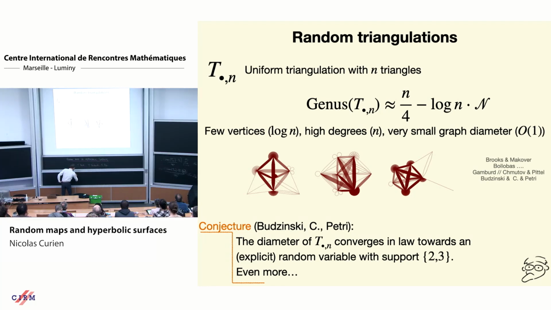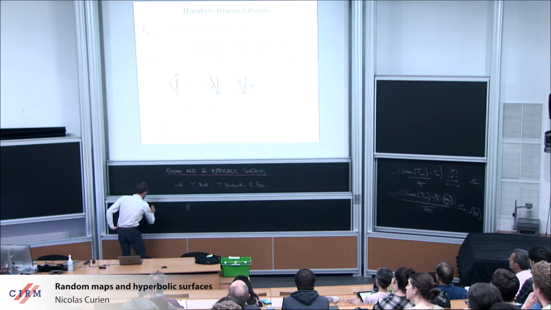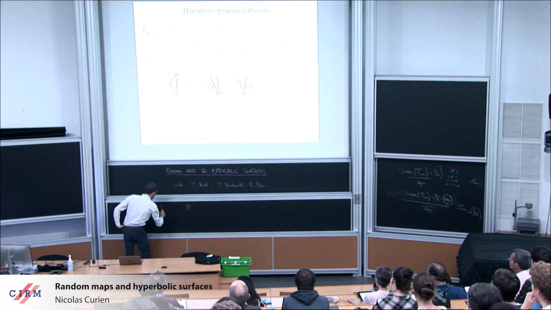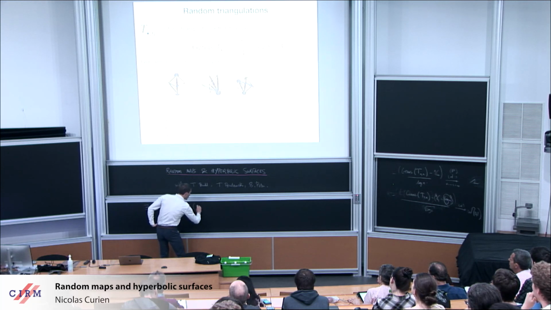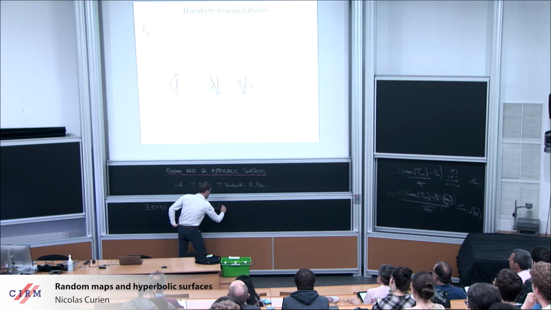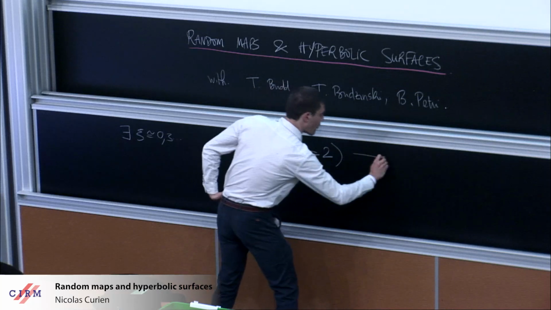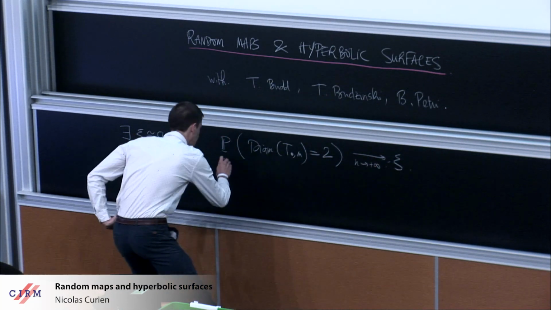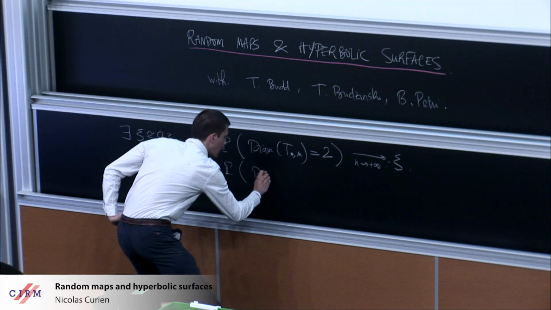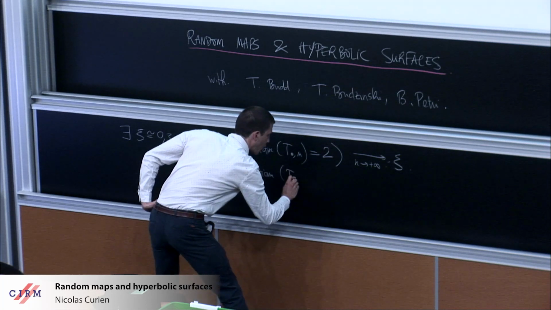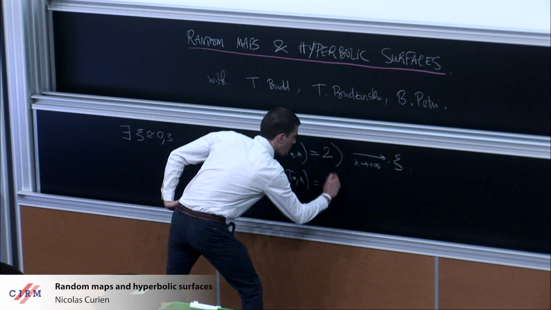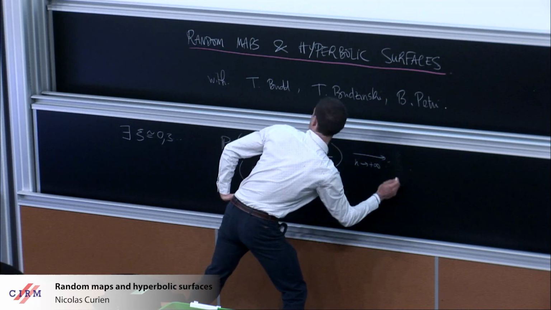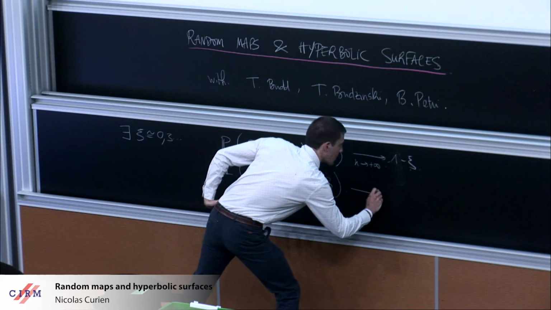I just mean that there exists a constant that is kind of explicit, about 0.3, blah, blah, some constant psi, so that the probability that the diameter of your random triangulation with unconstrained genus is equal to 2 converges, it's a probability so it's a number, toward psi as n goes to infinity, and otherwise the probability that the diameter is 3 converges to 1 minus psi.